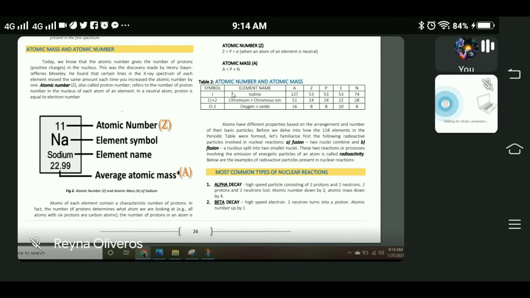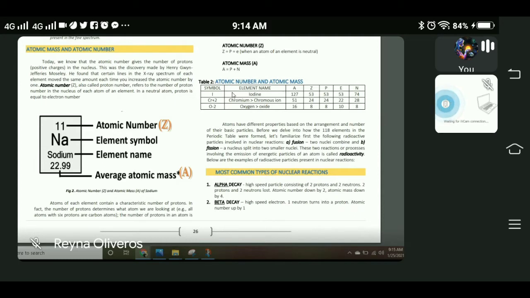He found that certain lines in the X-ray spectrum of each element move the same amount each time you increase the atomic number by 1. When we say atomic number, it is also known as the proton number. Remember, guys, atomic number is also called proton number. It refers to the number of protons in the nucleus of each atom of an element.